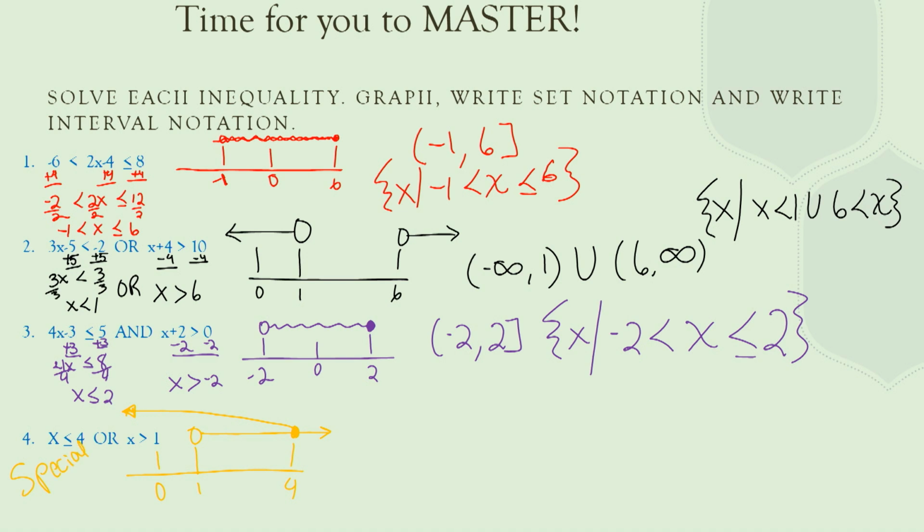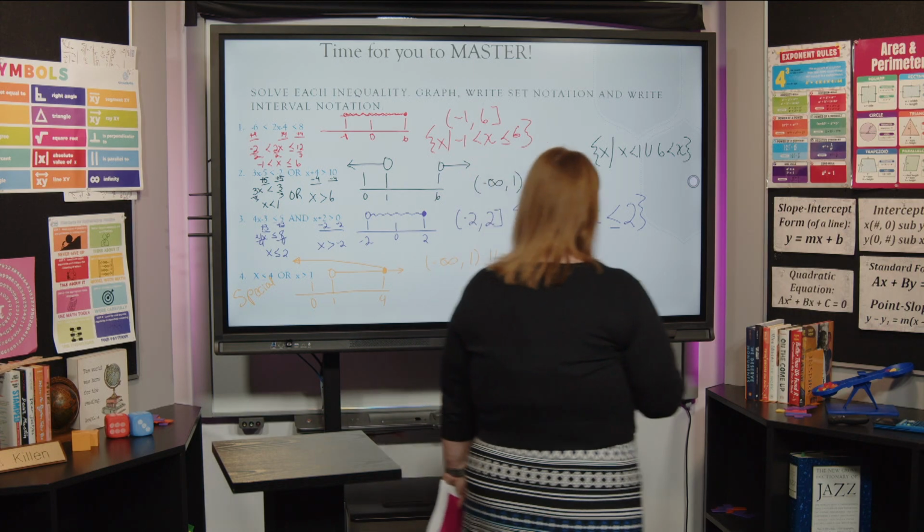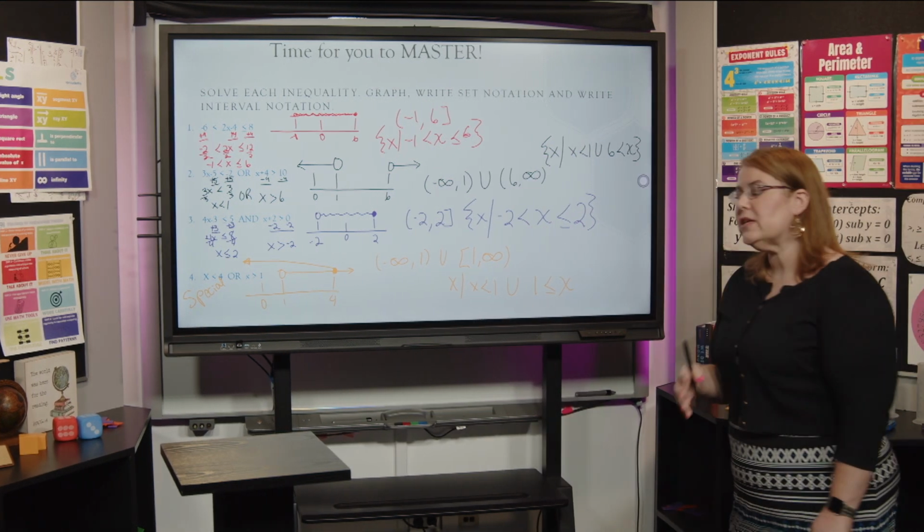So I could say that I have negative infinity to 1, or I could have 1 to positive infinity. All right, so we may look at it like this. X such that X is less than 1, or 1 is less than or equal to X. So this would be another special case.